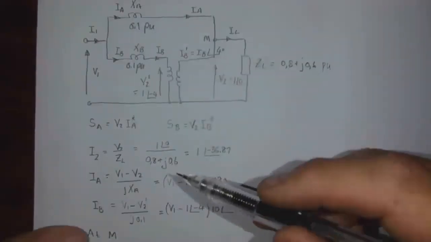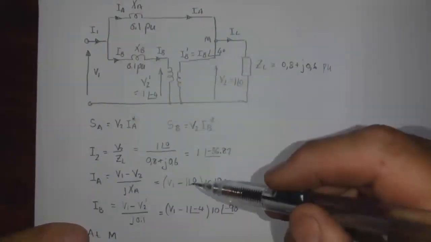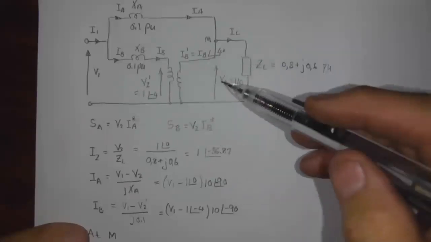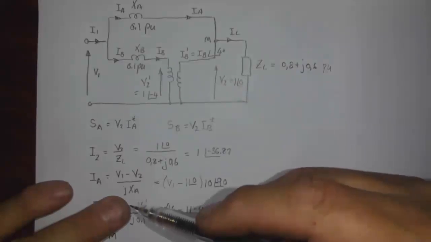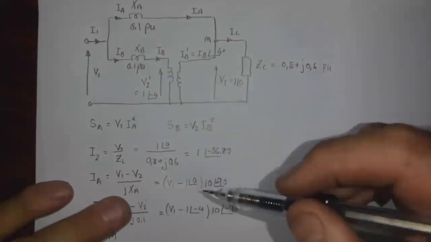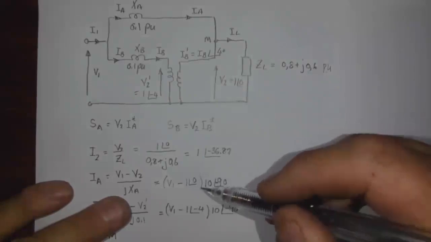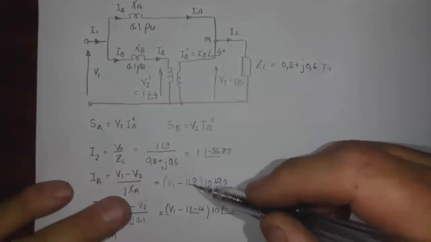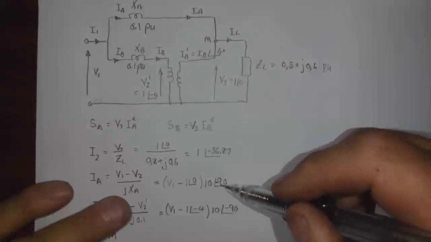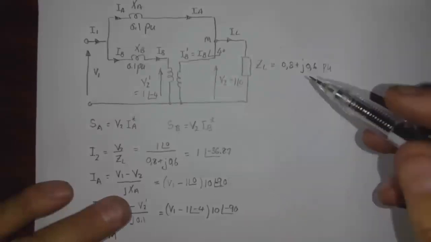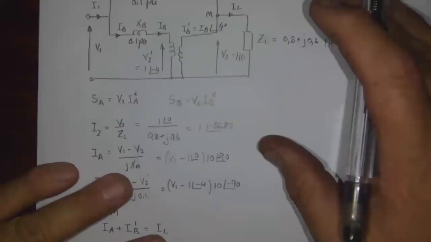So therefore it will be V1 minus 1 angle 0, which is V2, divided by 0.1 angle 90. So then it becomes V1 minus 1 angle 0 times 10 angle minus 90. Are you with me so far?